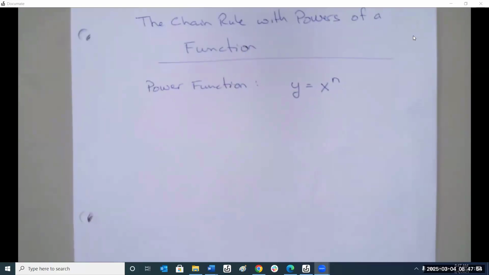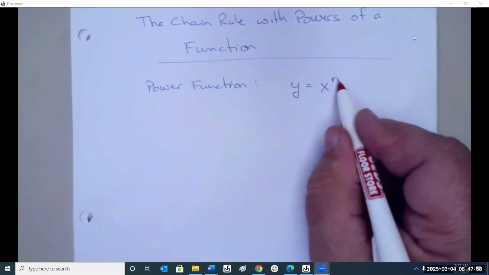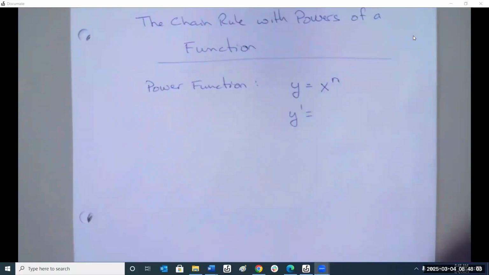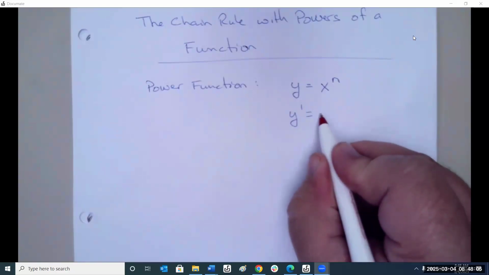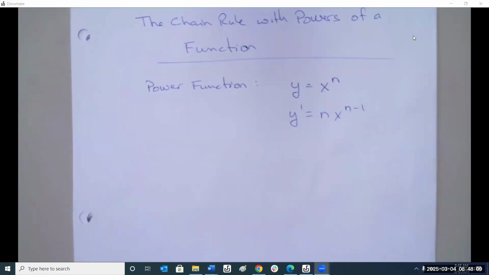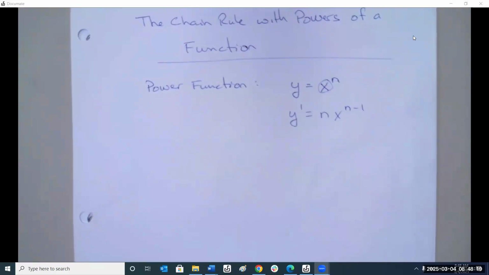The power rule said what? If x has an exponent, that's the power. The derivative is what? N times x to the n minus 1, minus 1 from the exponent. So that's if the base is just x.